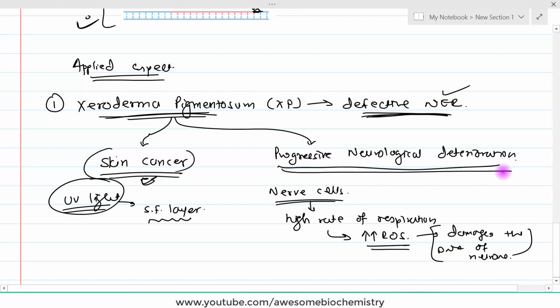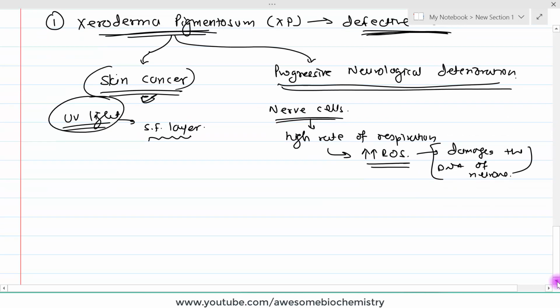And so nerve cells are affected, and so progressive neurological deterioration is seen. Apart from xeroderma pigmentosum, there are two more diseases which can occur because of defective nucleotide excision repair. One is Cockayne syndrome, and the other one is trichothiodystrophy.